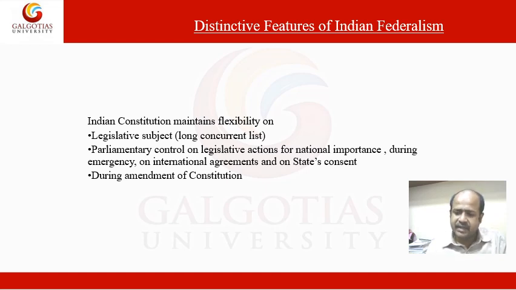Rigid means it's very difficult to change, very difficult to amend. But the Indian constitution has a unique blend of rigidity and flexibility. Some provisions are very flexible to amend. So the amendment of the constitution is another distinct feature, a unique mix of rigidity and flexibility.